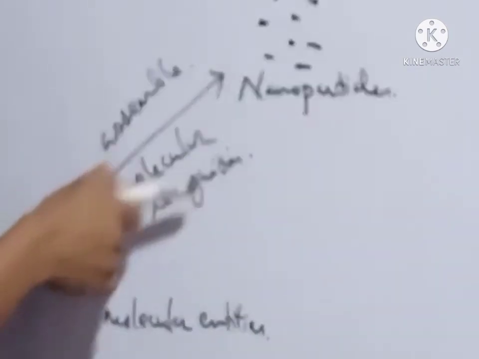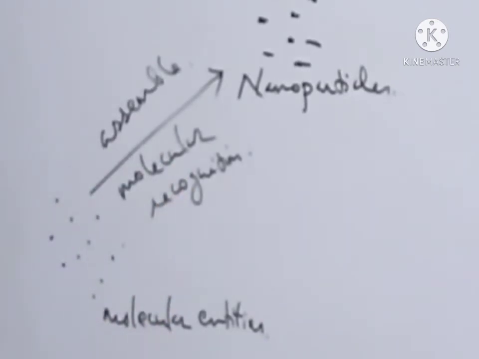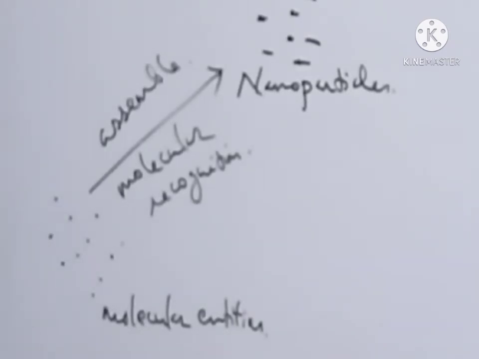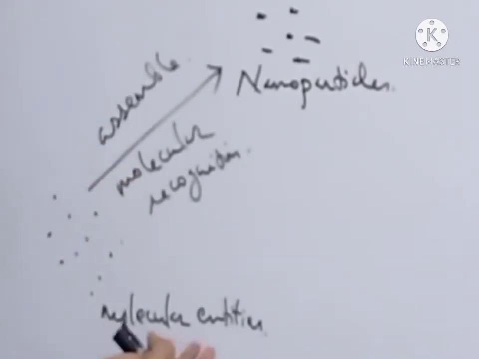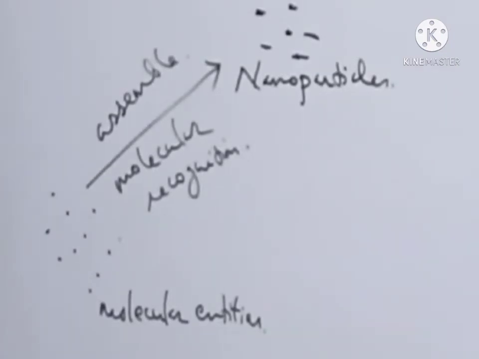Molecular recognition is a special type of interaction between the molecular entities by using non-covalent interactions such as hydrogen bonding, pi-pi interactions, etc. By these interactions, these molecular entities assemble themselves and convert into nanoparticle scale. Actually, this approach is still under development.